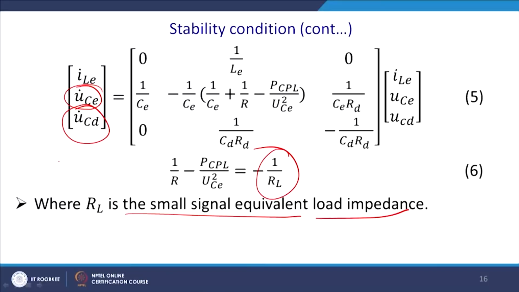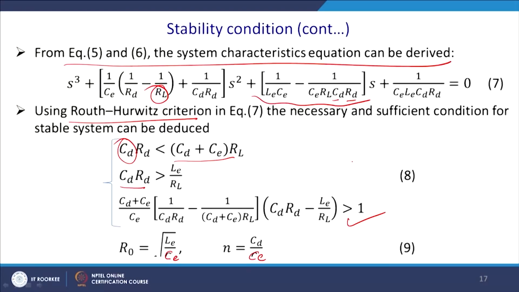Thank you for your attention. What I can say here is that these characteristics you have to write properly. Again I am reiterating, these are the steps. Thereafter, you come to the transfer function.